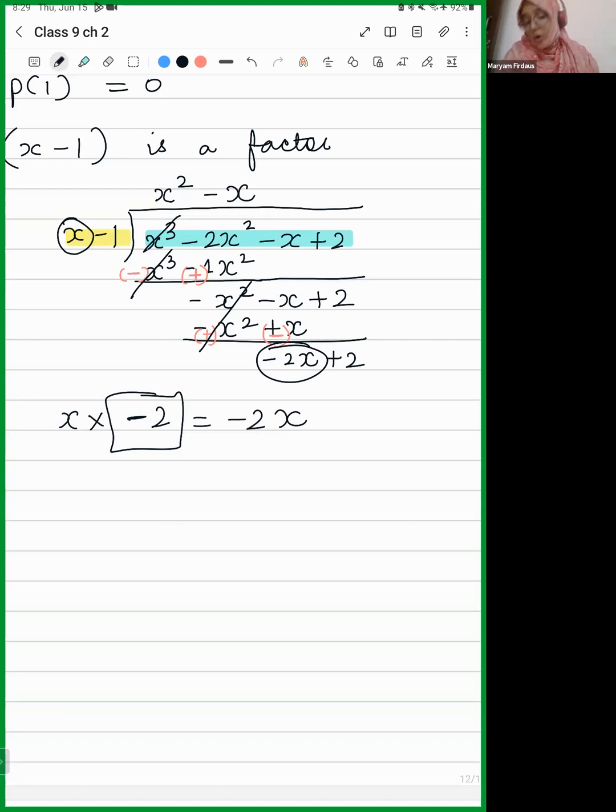X multiplied by what will give me minus 2x? So it has to have 2 somewhere, right? I need to multiply x with something that gives me minus 2x. So here I need x. This I already have. What else do I need? I need minus 2. So that's why I will multiply it with minus 2. What should I write in the quotient? Minus 2.